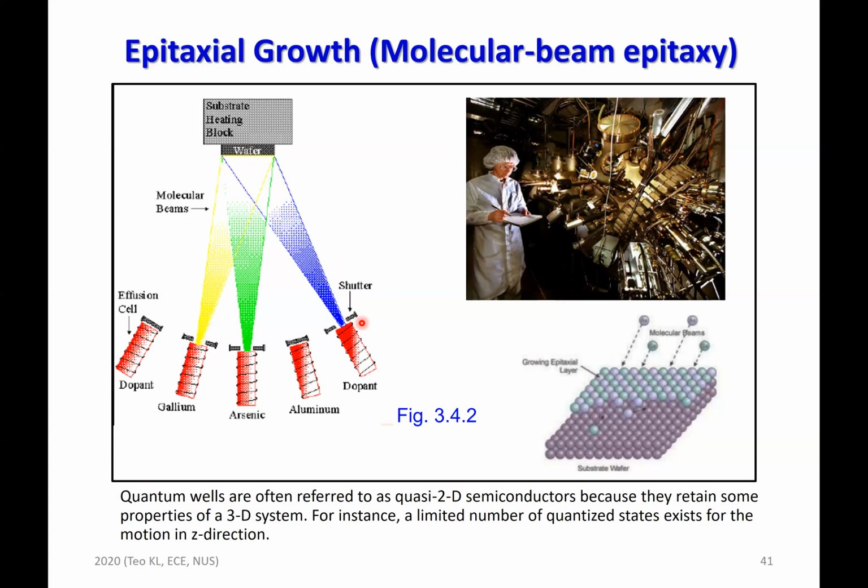So quantum wells are often referred to as quasi two-dimensional semiconductors because they retain some property of the 3D system, because they have a limited number of quantum states that exist for the motion in the z direction.